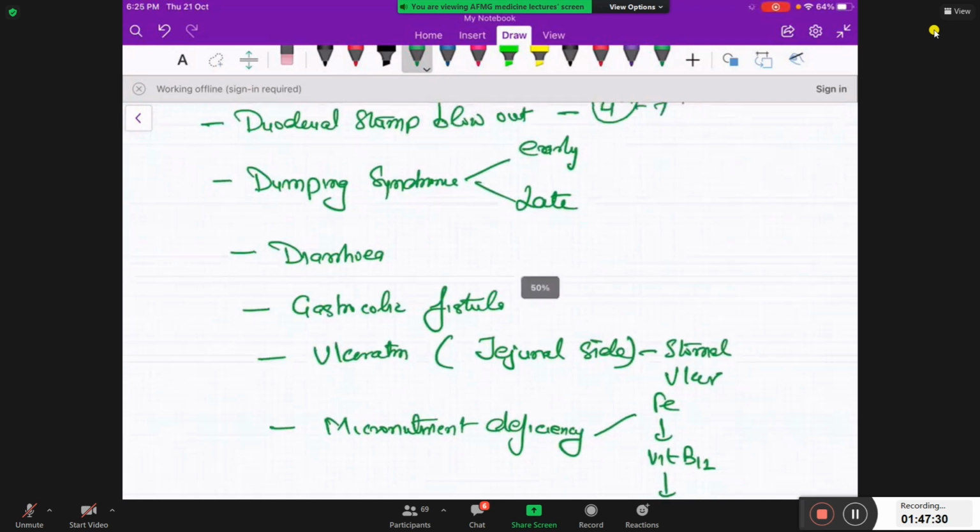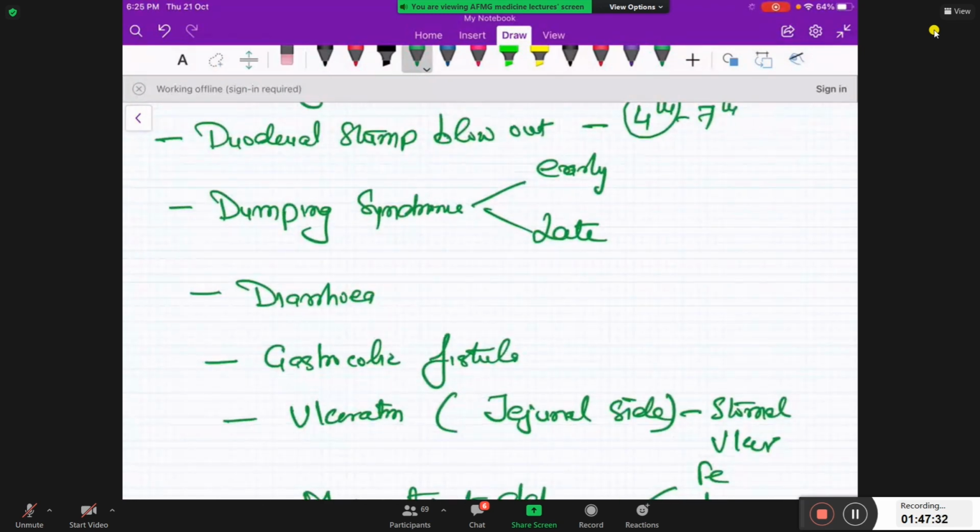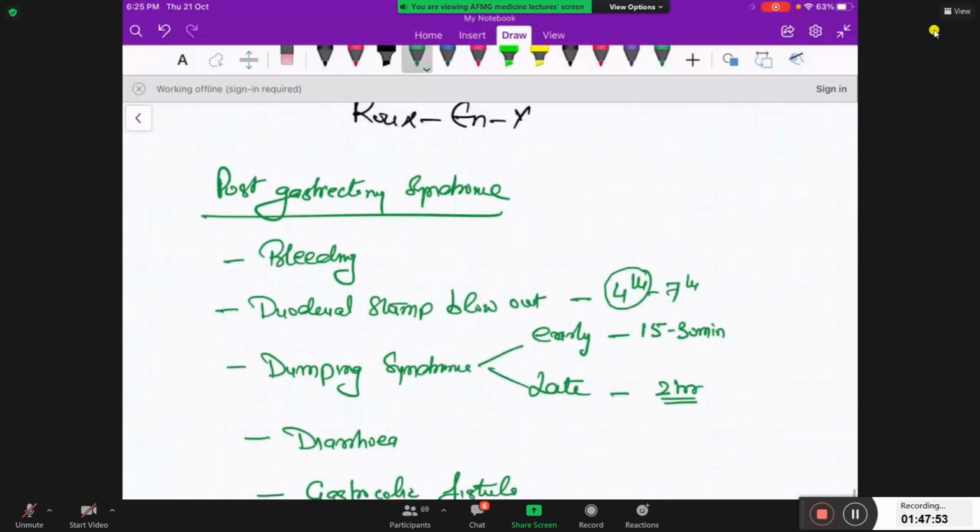What is dumping syndrome? There are two types of dumpings, not dumplings, dumpings. There is early dumping and there is late dumping. Early dumping happens 15 to 30 minutes after taking meals. Late dumping happens usually after 2 hours of the meals. Now, what is this early dumping and late dumping?